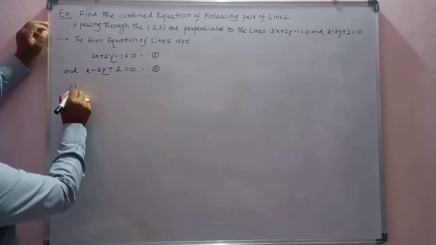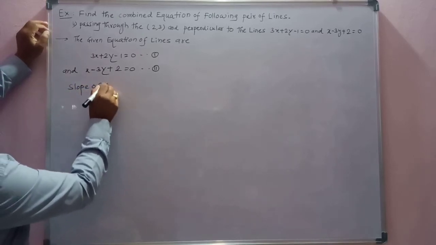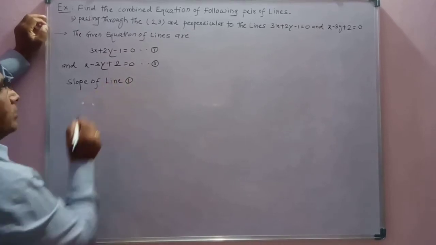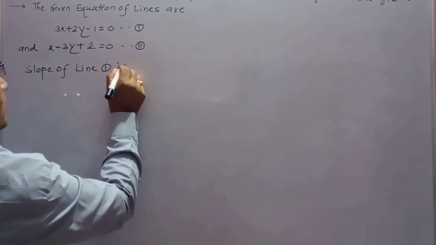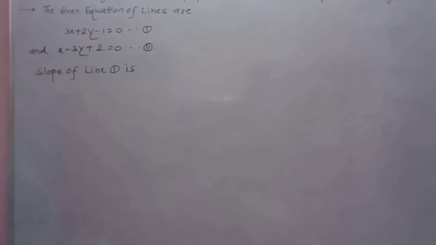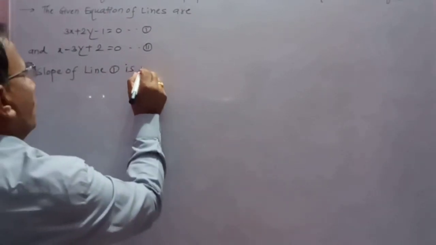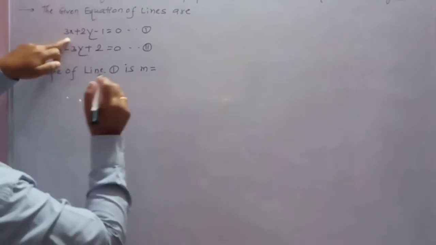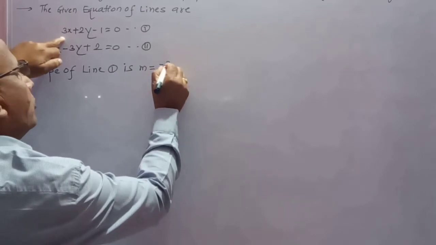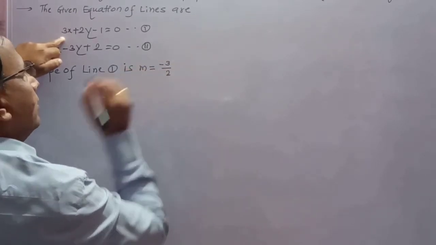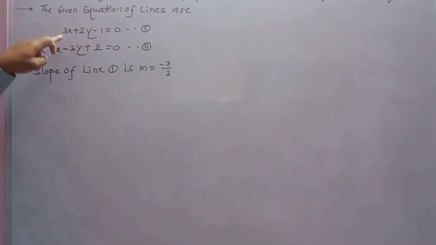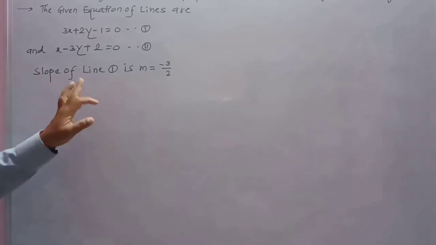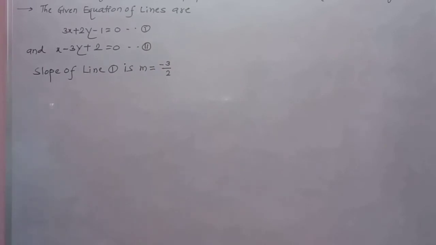Slope of the first line is m equal to minus coefficient of x divided by coefficient of y. The coefficient of x is 3 and the coefficient of y is 2. Therefore, the slope of the first line is m equal to minus 3 by 2.